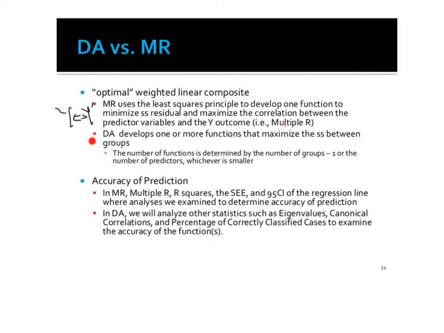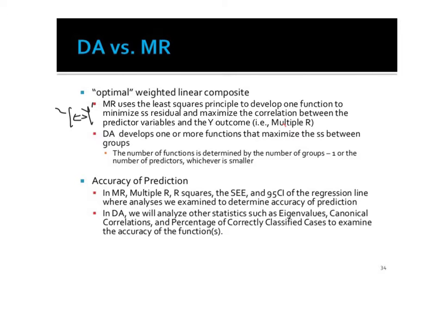In discriminant function analysis, we're going to make one or more equations that maximize sum of squares between groups. So instead of trying to minimize error, our goal here is to try to maximize differences. Now, instead of just making one single equation, we could make multiple equations to maximize differences.